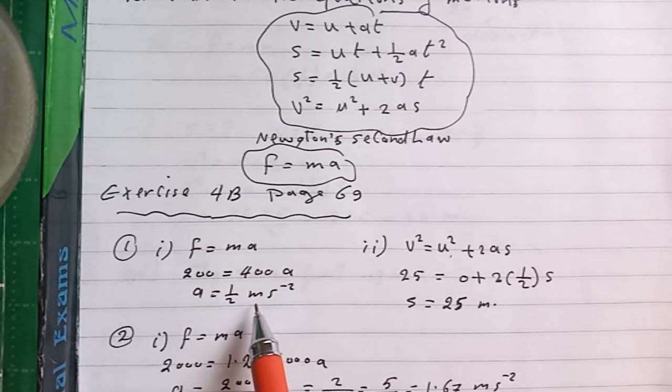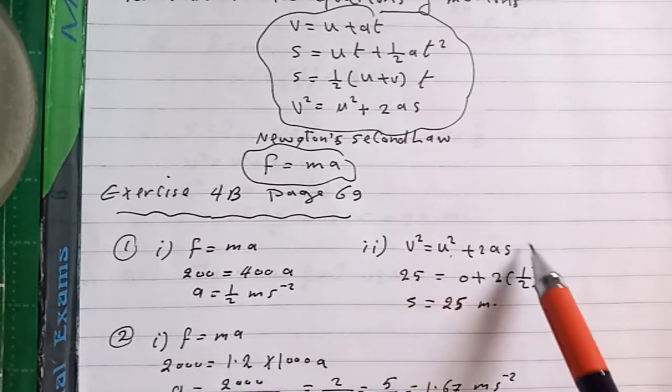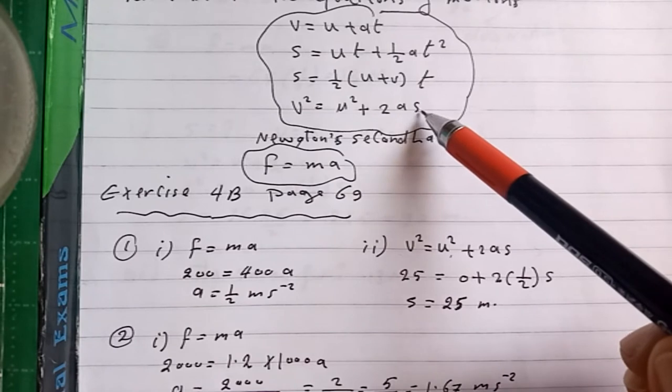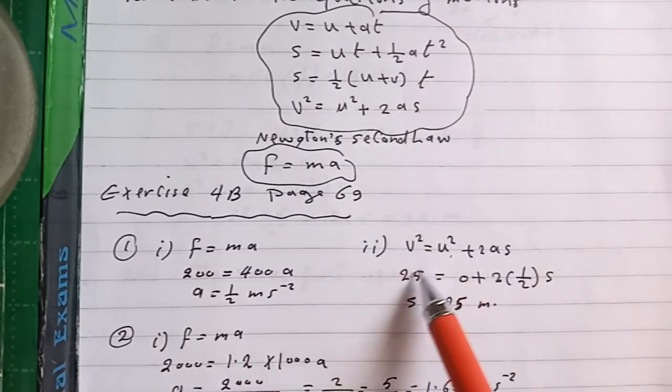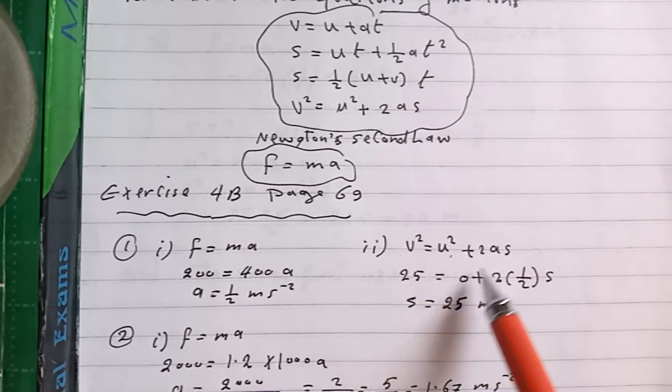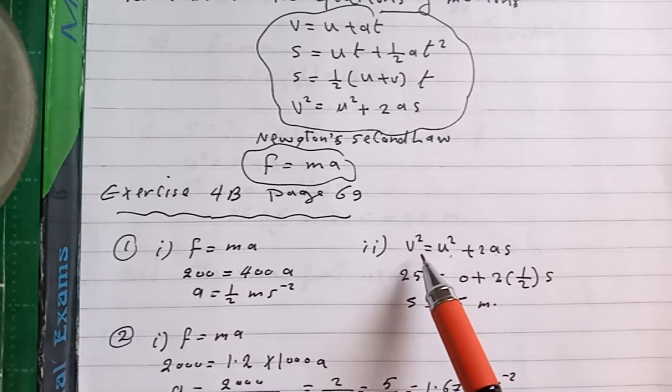Second part of the question, the distance the car travels while the man is pushing. We can use the last law here: V squared equals U squared plus 2AS. V is the final velocity, U the initial velocity, A the acceleration, S the distance. He said until he reaches a velocity of 5, so it will be 25, 5 squared.